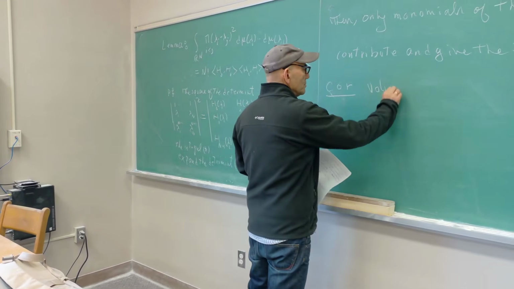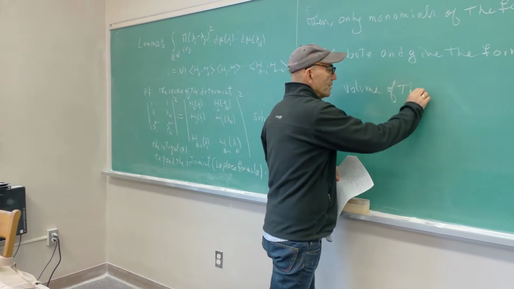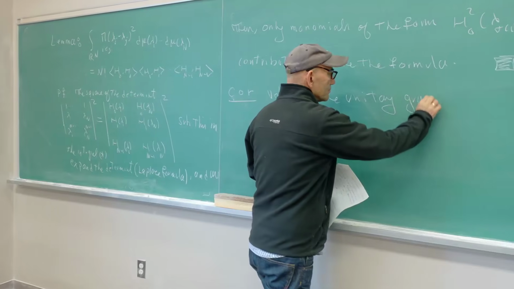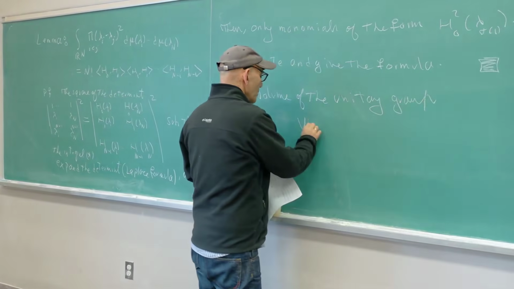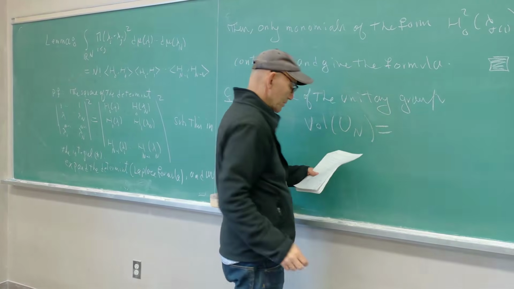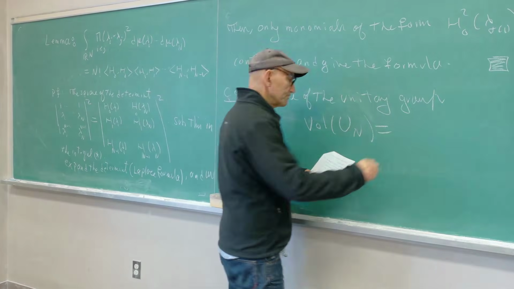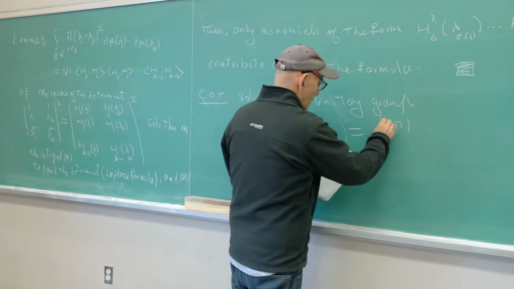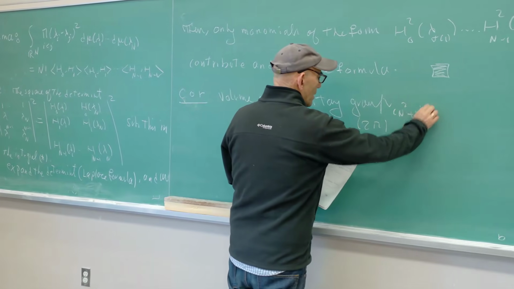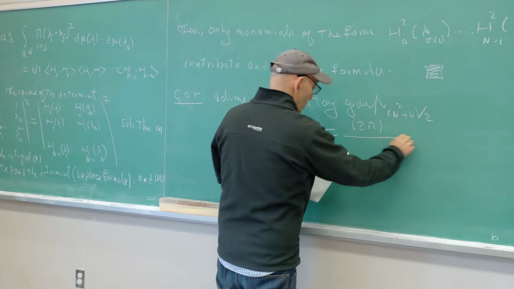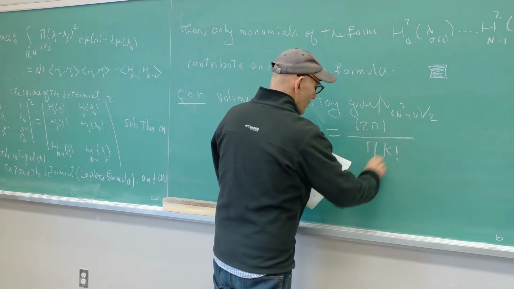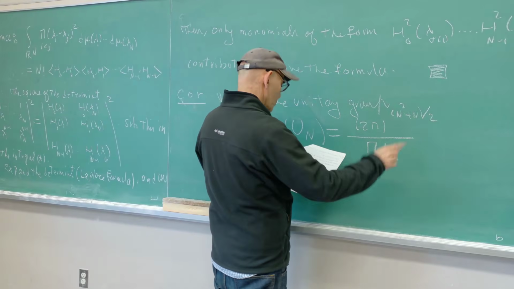So the volume of the unitary group U_n is actually a beautiful formula: 2 pi to the power n squared plus n over 2, I think, divided by the product of all factorials from 1 to n minus 1.